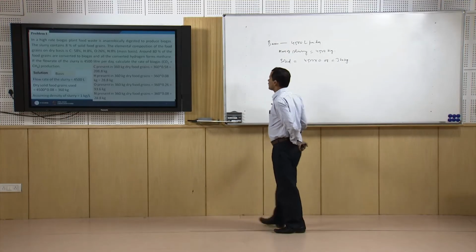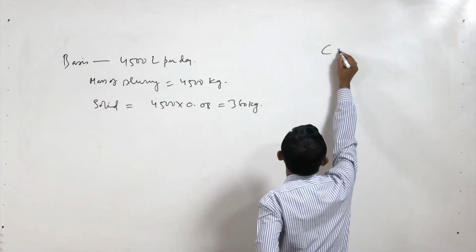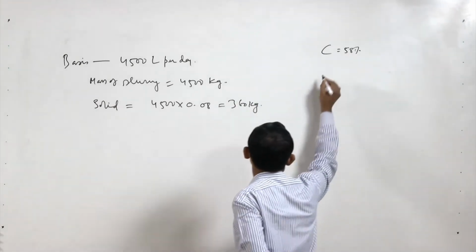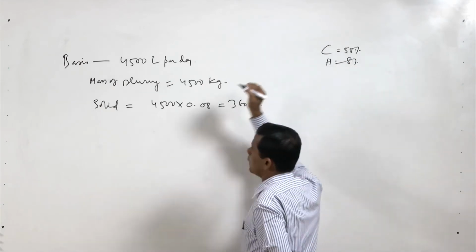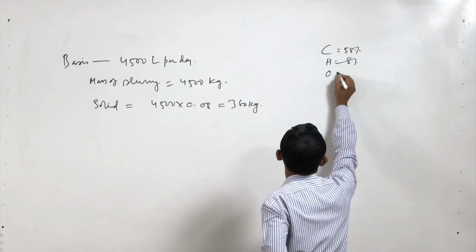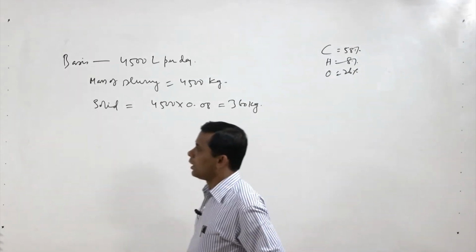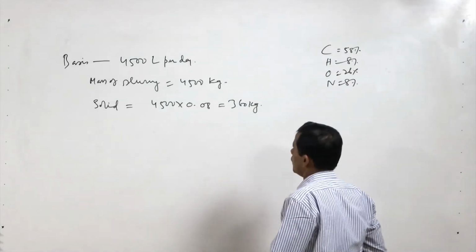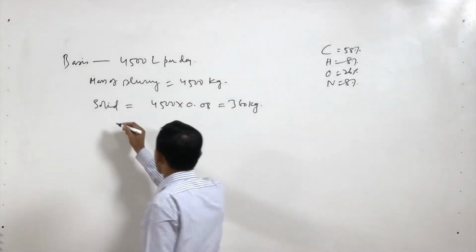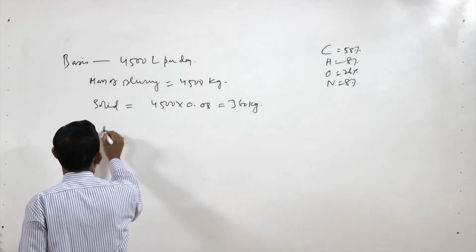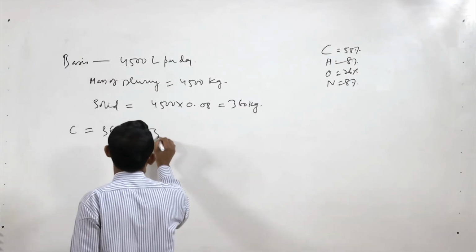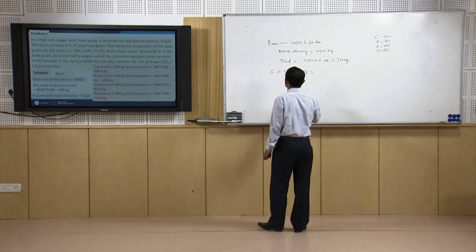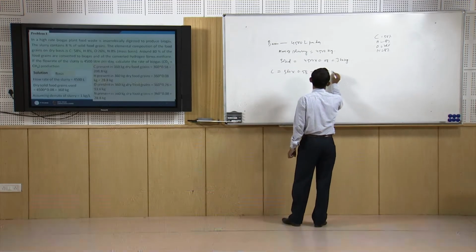Then what is our composition? Carbon is 58%, hydrogen is 8%, oxygen is 26%, and nitrogen is also 8%. So, in the solid how much carbon is present? 360 into 0.58, that is equal to 208.8 kg.